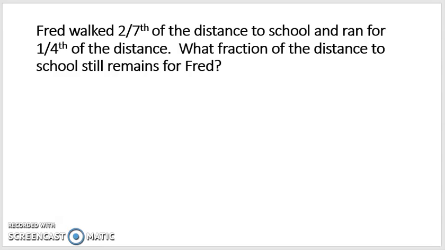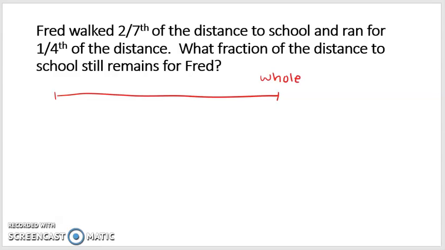What I would start off is a general problem-solving strategy that I think you should all know and use, and that is just get a picture of this. So what Fred does is Fred has some distance to school, and this is what's important with these problems. You say, well, what is the whole? The whole is the whole distance to school.